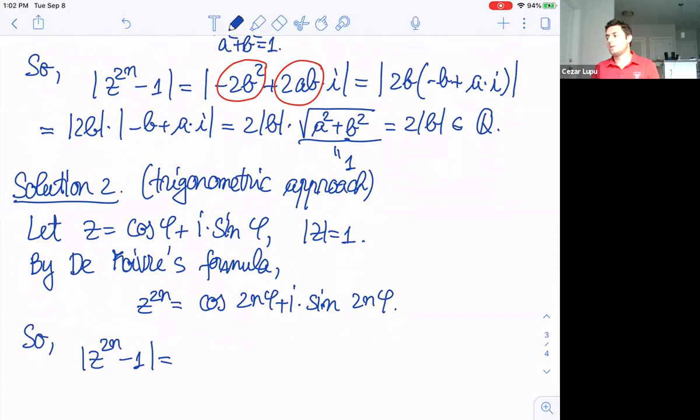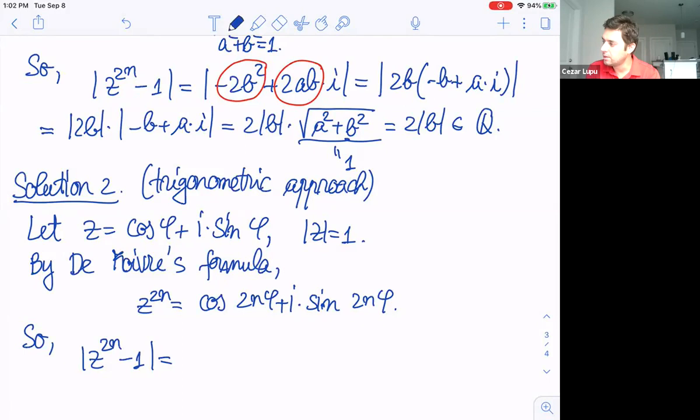And now let's be quite careful here once we do the computations, because this will be, let's see.